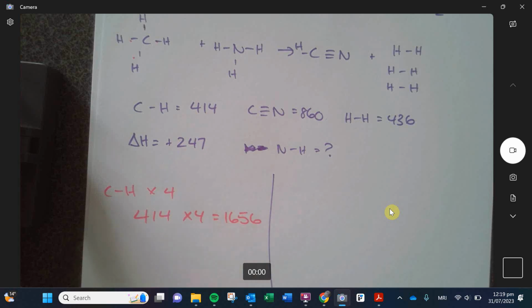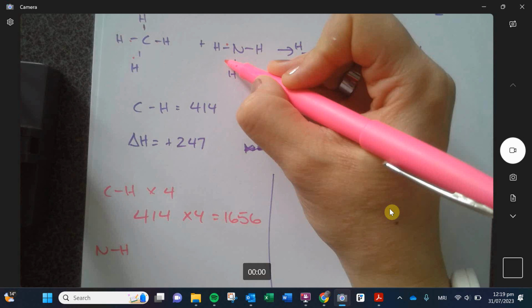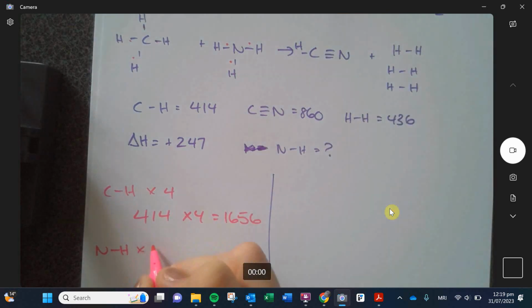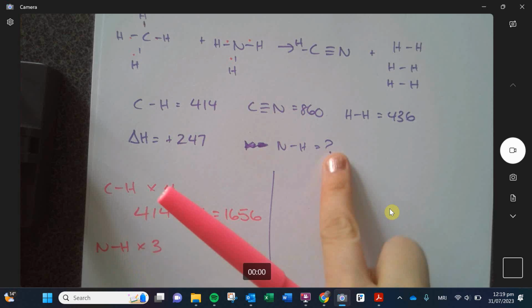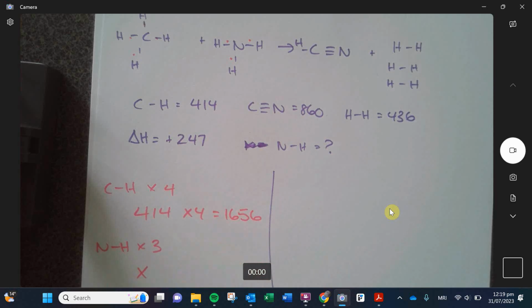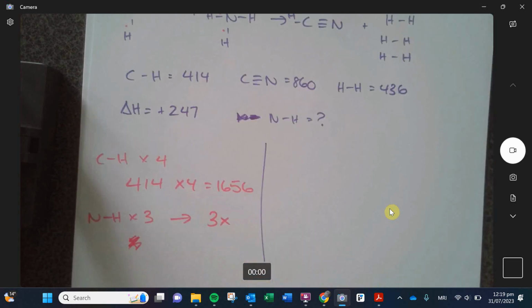The nitrogen hydrogen bonds, I can see that I have 1, 2, 3, so it's times 3, but unfortunately I don't know what the value of that is. That is what I'm solving for. So that's my little question mark. So I'm going to represent the fact that this is unknown as an x, just like you do in algebra. So what I have here is actually 3x, because that is my unknown.